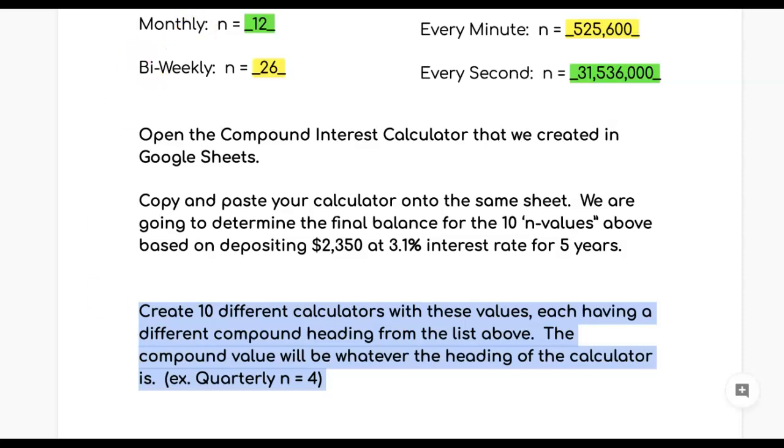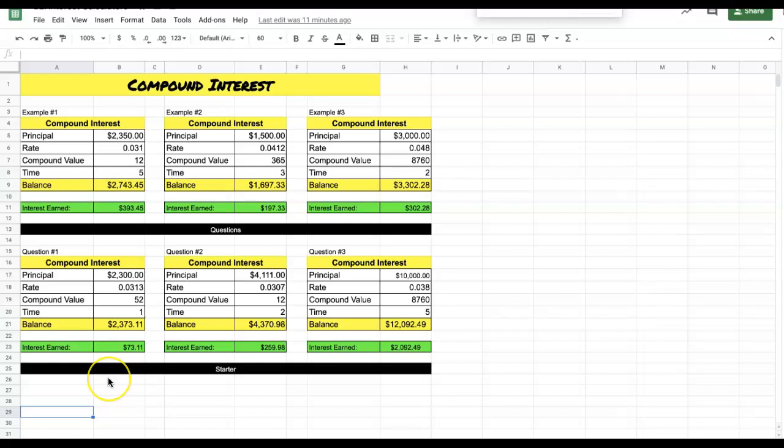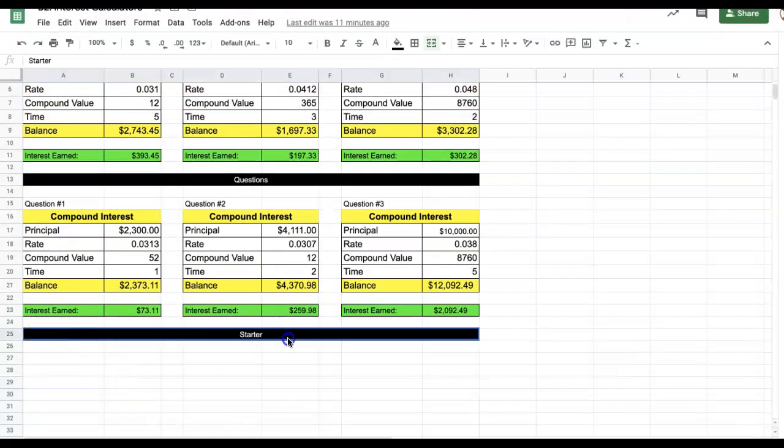We're going to open up your compound interest calculator from earlier in the week, or from last week. And what I did here on line 25, I put a little black bar, so you color it whatever color you want, and I think I merged all of those cells, and then centered the word starter there.